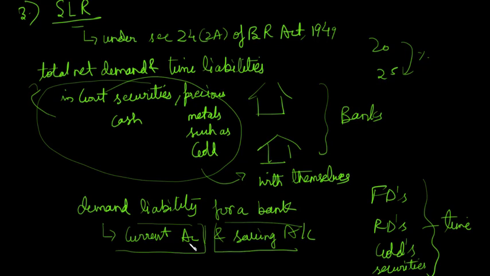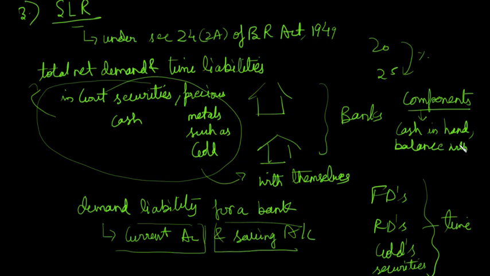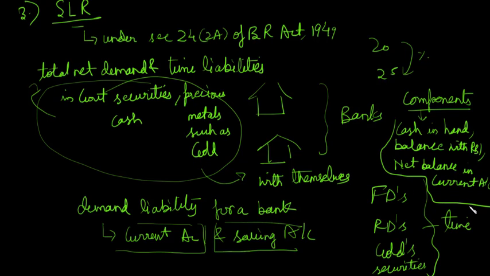And some of the components which banks have to include in maintaining SLR are cash in hand, balance with RBI, net balance in current account, not in saving account, and investment in government securities, other approved securities, and gold and other precious metals.